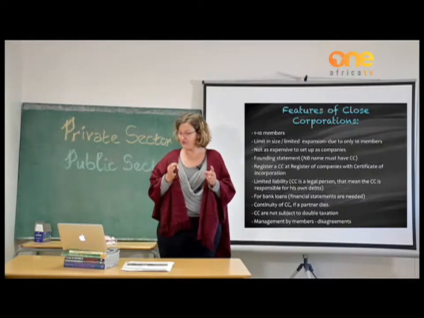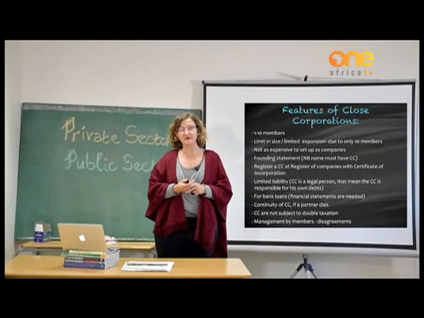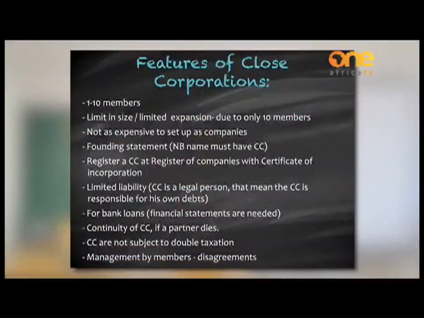Okay, a very important point of a closed corporation is that they have limited liability. You remember in the case of partners and sole traders, they have unlimited liability. A limited liability means that the closed corporation itself acts as a person. They call it, the closed corporation is a legal person on its own.